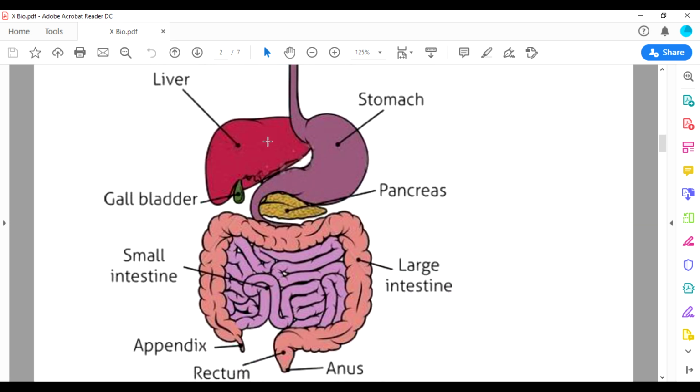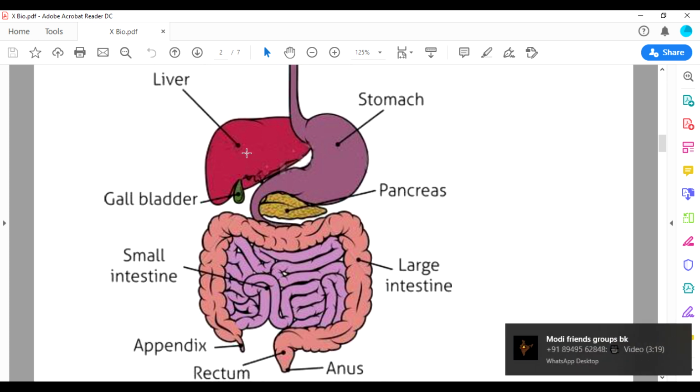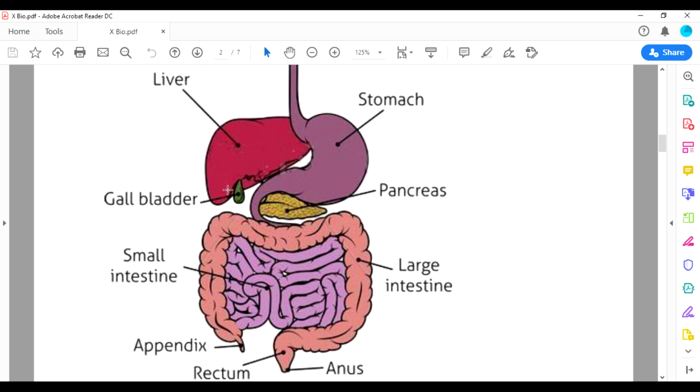Then the second is the liver. The liver secretes its secretion into the gallbladder, and the gallbladder stores it and from time to time releases it into the duodenum. The third gland is the pancreas, which secretes pancreatic juice in the duodenum.